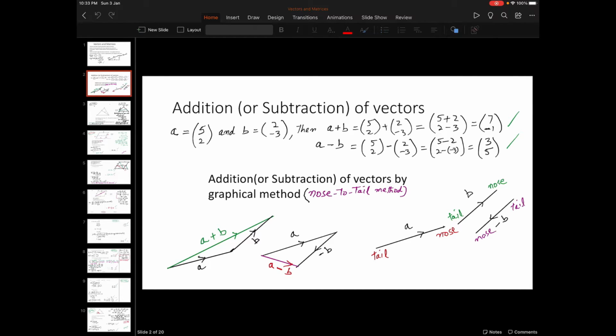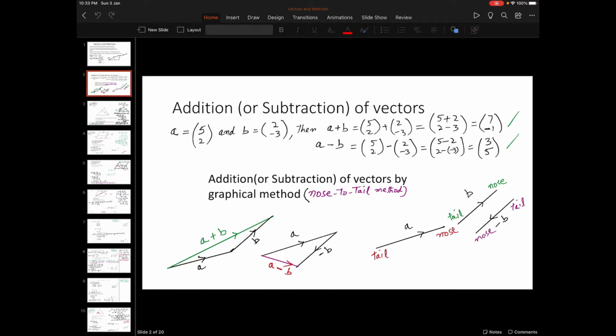Now we are going to add two or more vectors by using nose to tail or head to tail rule. How can we add? We should join the tail of one vector to the head of other vector.